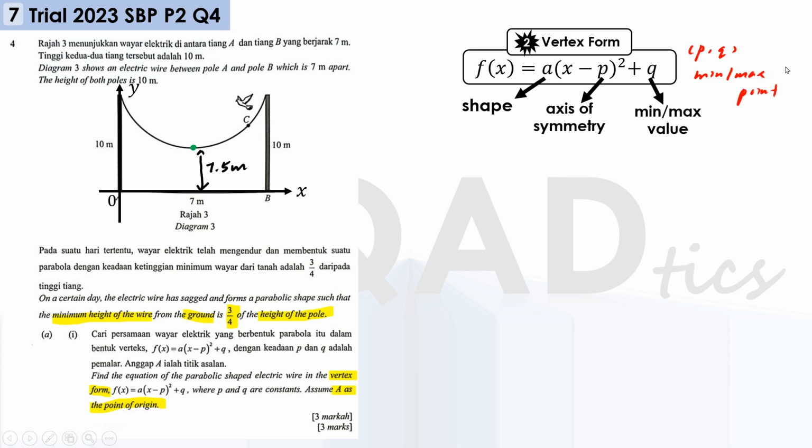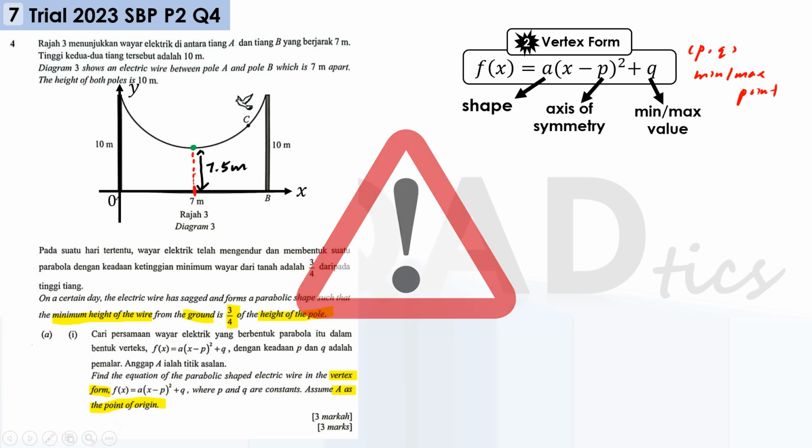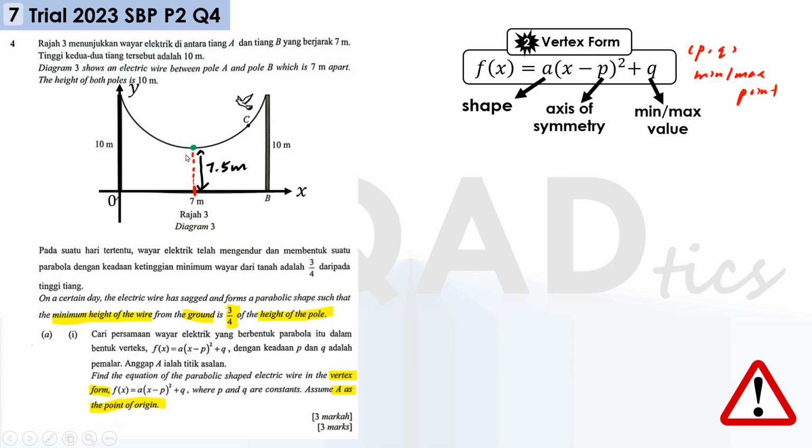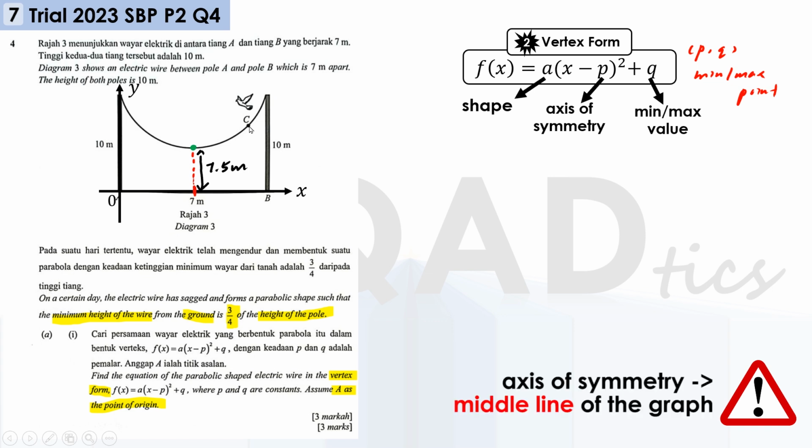Alright, so back to our diagram. We already identified the minimum point, so let's start from this minimum point and find the values of p and q first. The x coordinate of the minimum point is somewhere here, and we know that this x coordinate represents the axis of symmetry, which means the middle line of this curve.